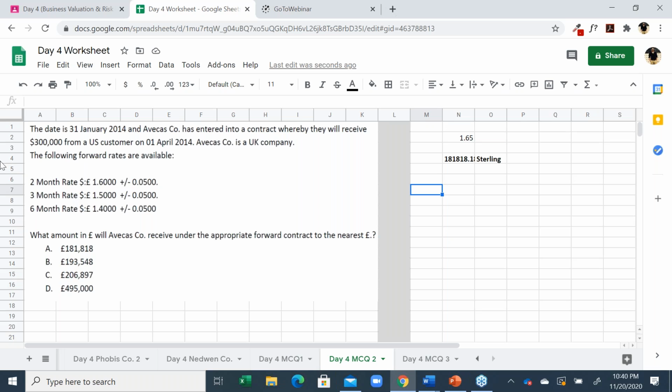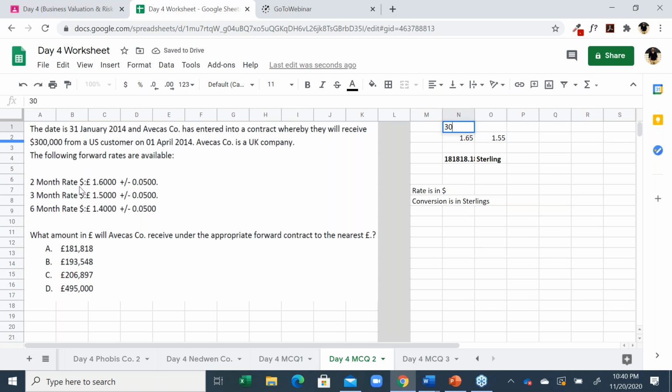In this case, we have dollars and we need to convert into sterlings. And the rate is in dollars. So rate is in dollars and conversion is in sterlings. These are two different things, so we must divide. Now, there are two options for dividing. Either we divide by 1.65 or we divide by 1.6 minus 0.05, that is 1.55.